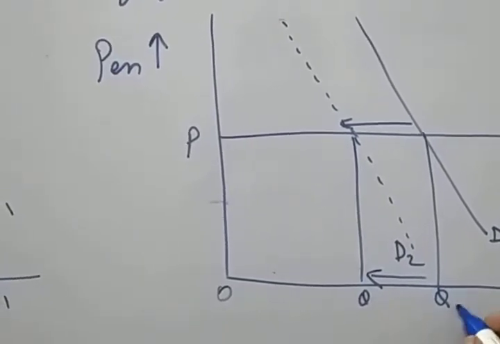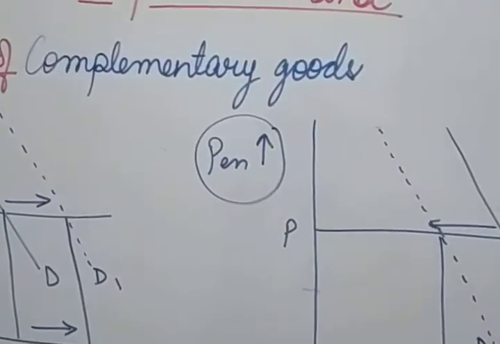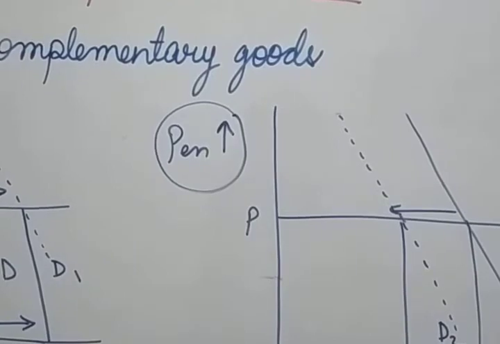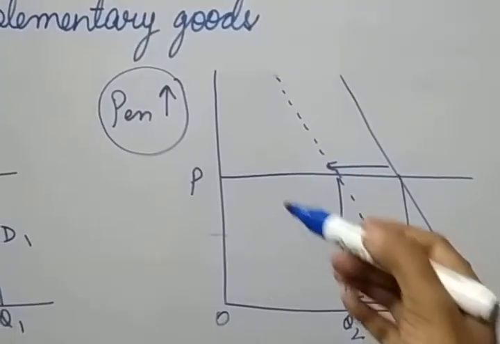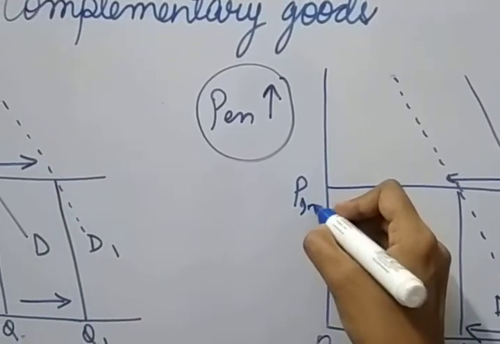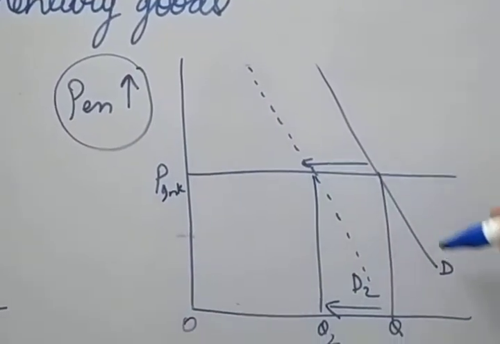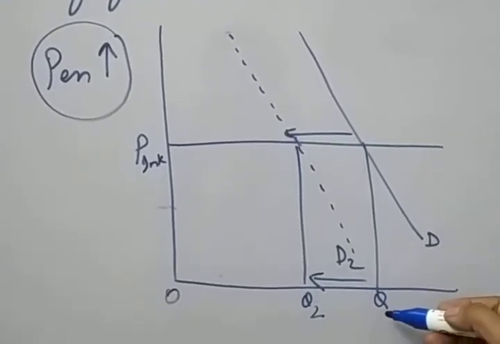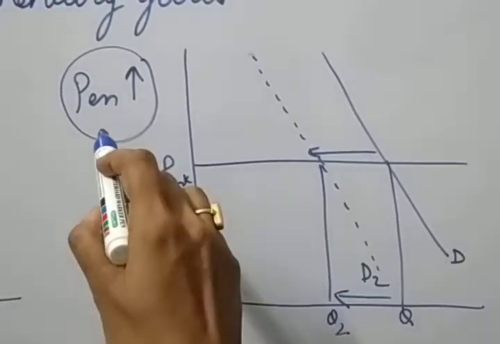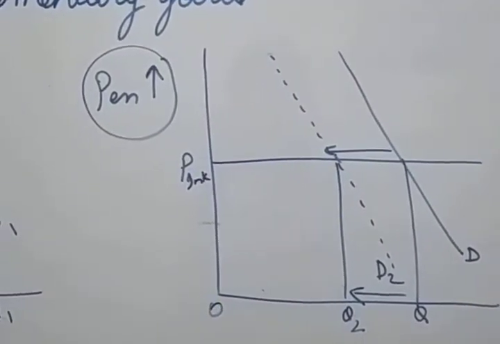First, if the price of the pen increases, what is the complementary good of the pen? That is ink. If the price of the pen increases and the price of ink is constant, the initial demand curve is D and initial quantity is OQ. If the price of the pen increases, the complementary good will also be affected.